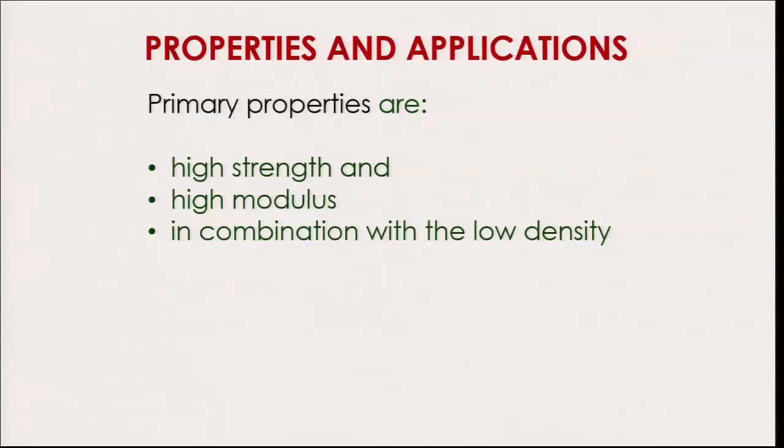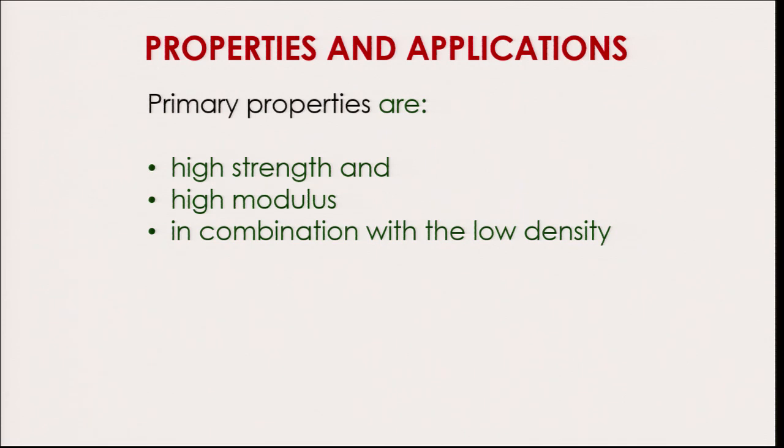So, now having learnt about how this fiber is made, let us look at the primary properties which would ultimately decide the end applications of these fibers. The primary properties, as we were initially also trying to tune, are high strength and high modulus, and not to forget, polyethylene has very low density.